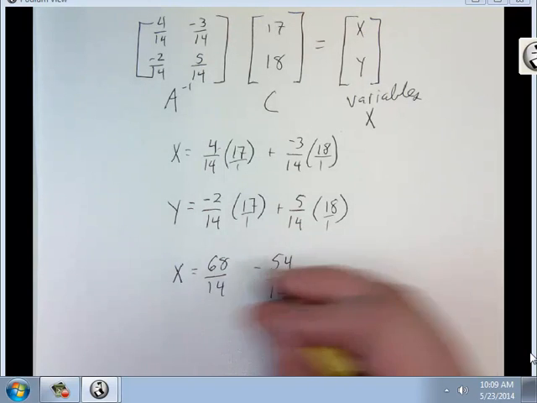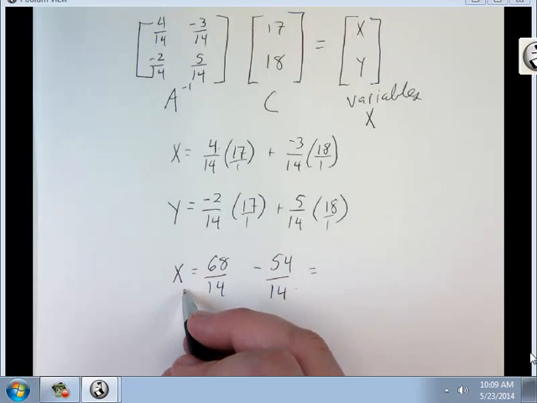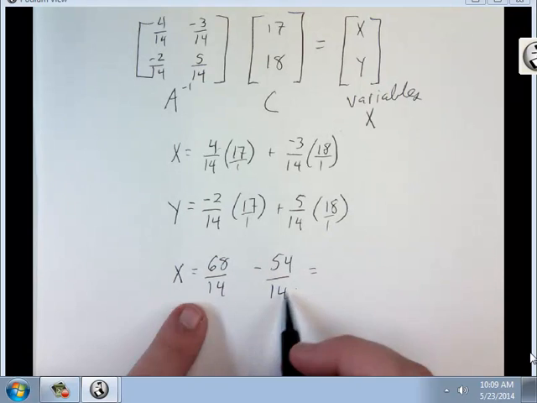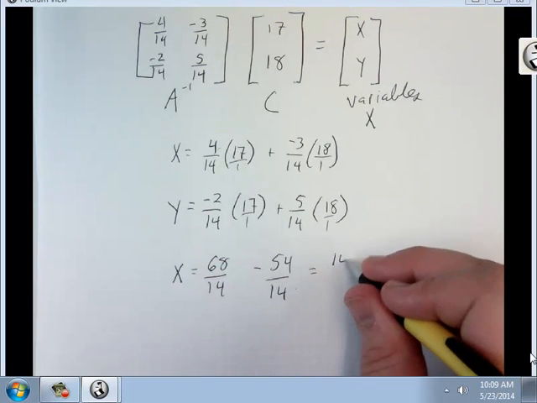This is why I told you, by the way, to keep the denominators where they are and not to reduce, because now I don't need to find a common denominator. I've got one. It is going to be 14 over 14, which is 1.